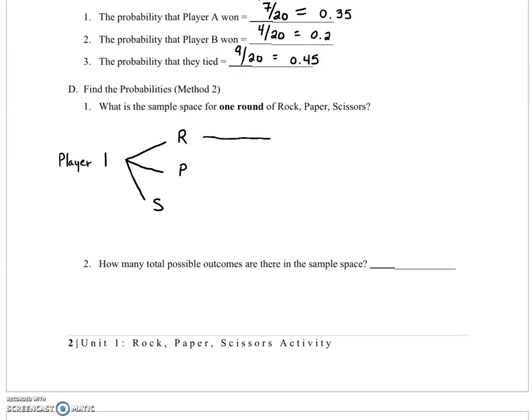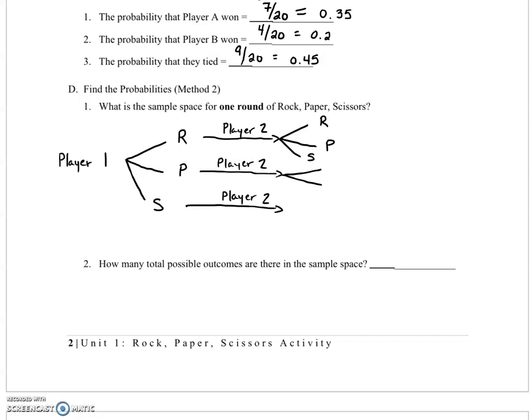And then player 2 can also make rock, paper, or scissors. And that's true regardless of what the first player does, right?